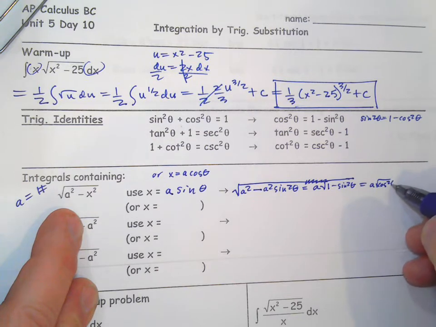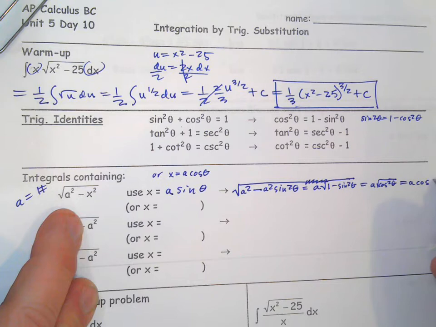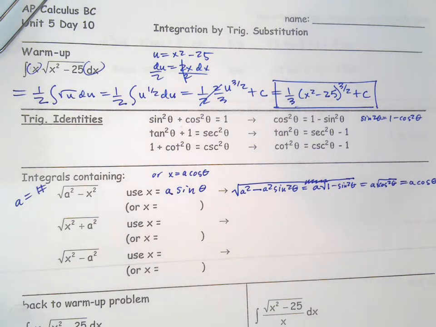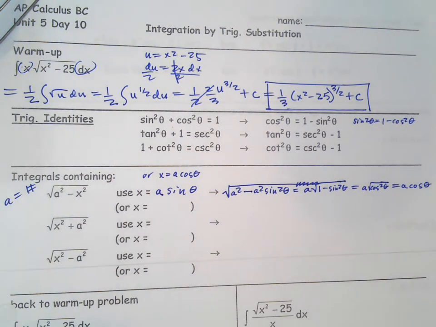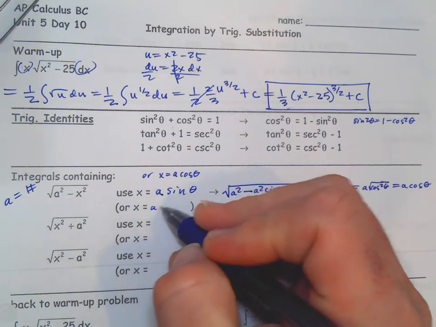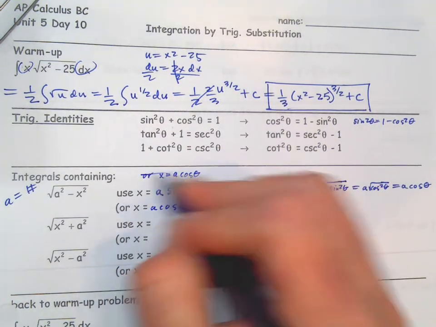It's going to be cosine squared, and then you will get a cosine theta. So this kind of complicated square root pattern could just be a nice, simple trig expression that we should be able to integrate. So you could do a cosine theta.